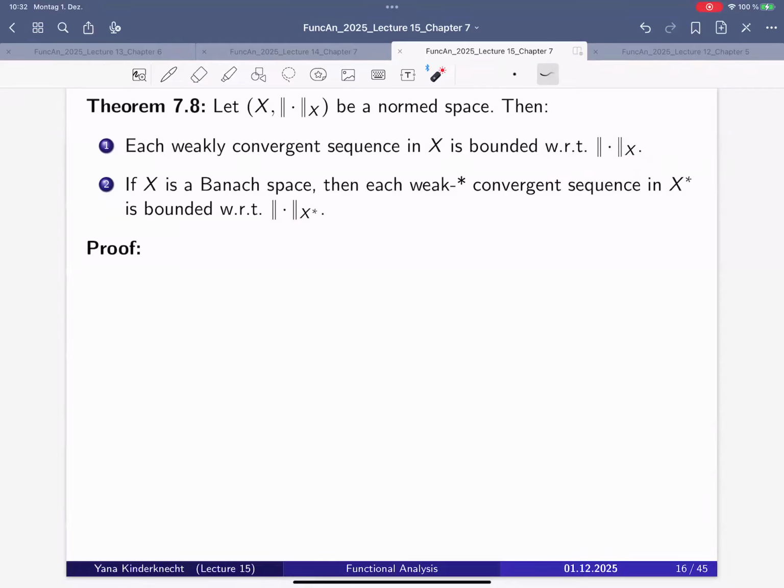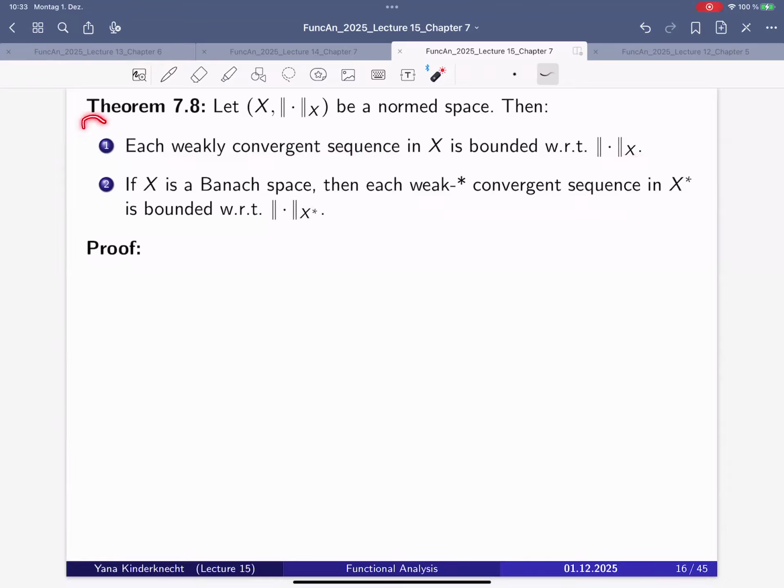Of course we would like to work with normed spaces, that is with strong topologies. But technically it's easier to obtain weakly convergent sequences or weak star convergent sequences. Can we upgrade? Can we obtain some information from a weakly convergent sequence about this sequence in the norm?